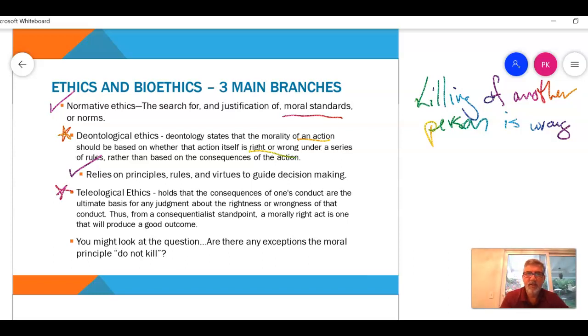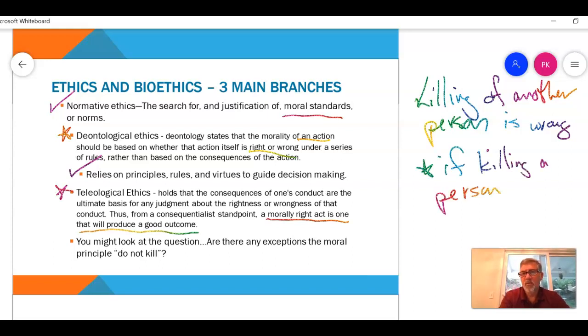Teleological ethics is another form of normative ethics, right? But this, a morally right action, is one that will produce the best outcome, right? So, if killing a person will save many, is it still the wrong thing to do?